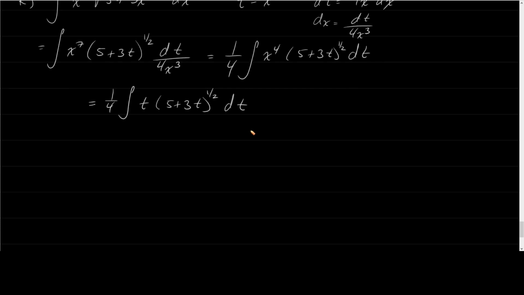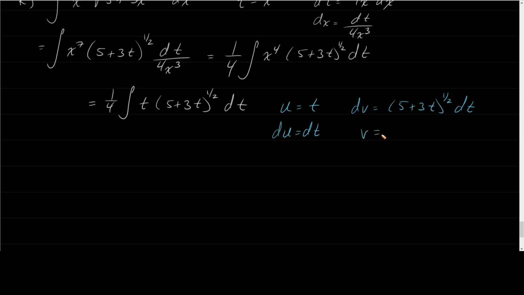But I will tell you that in here, u should be t, and then dv would be the rest of this, so (5 plus 3t) to the 1/2 dt. And then from here, du would be just dt.